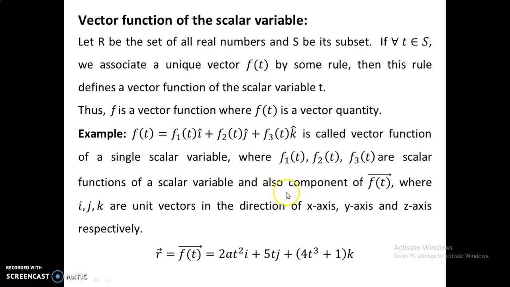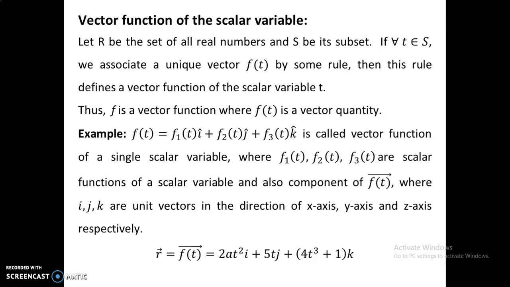Next, vector function of a scalar variable. Let R be the set of all real numbers and S be a subset of R. If for every t which is a member of subset S, we associate a unique vector f of t by some rule, then this rule defines a vector function of a scalar variable t.